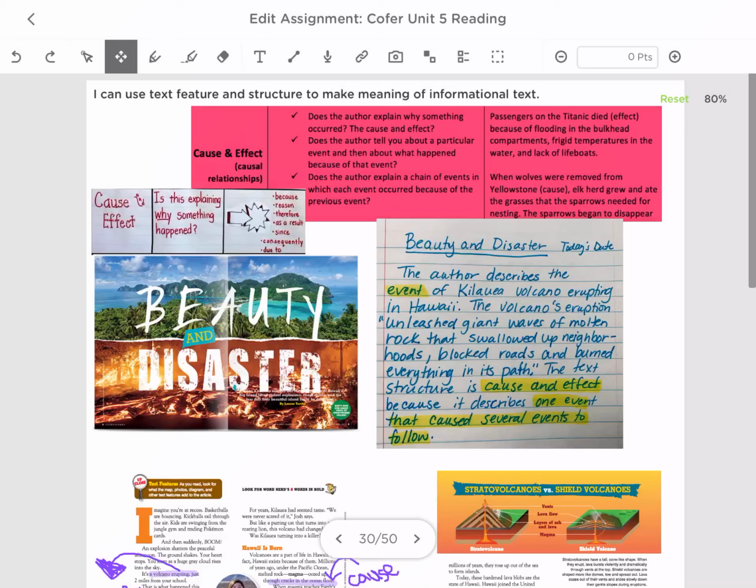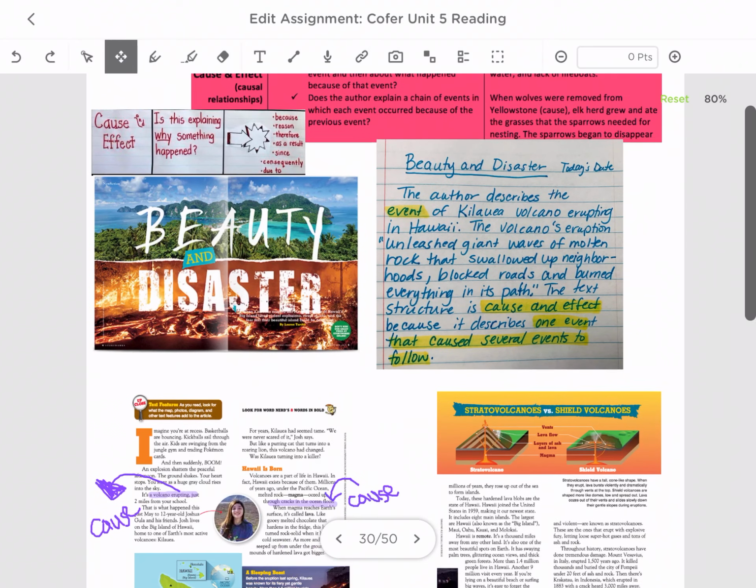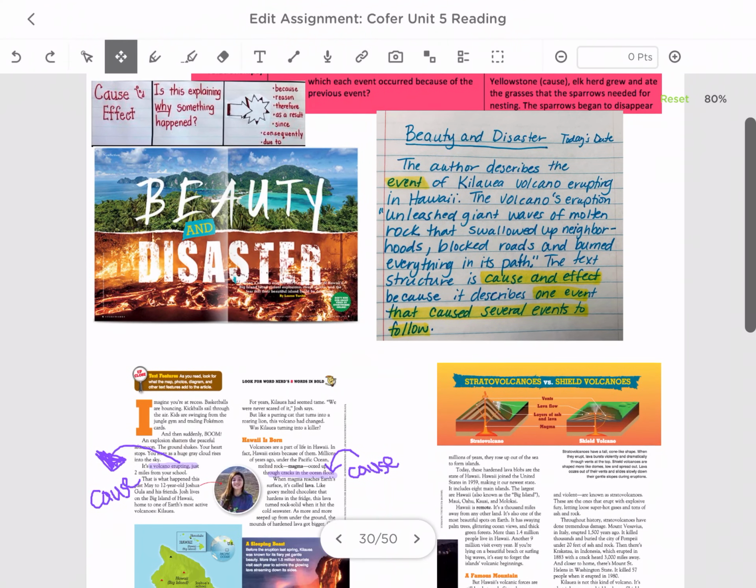Today our question is going to be, is this explaining why something happened? So when you think about cause and effect, you're thinking about why something happened. Let's take a look at our mentor text today. It's an article titled Beauty and Disaster. This article caught my eye because of the photographs.